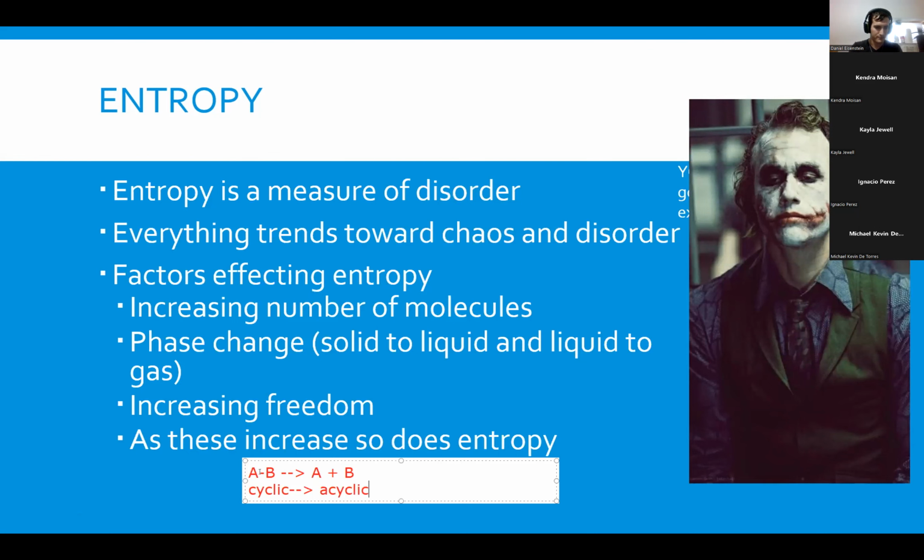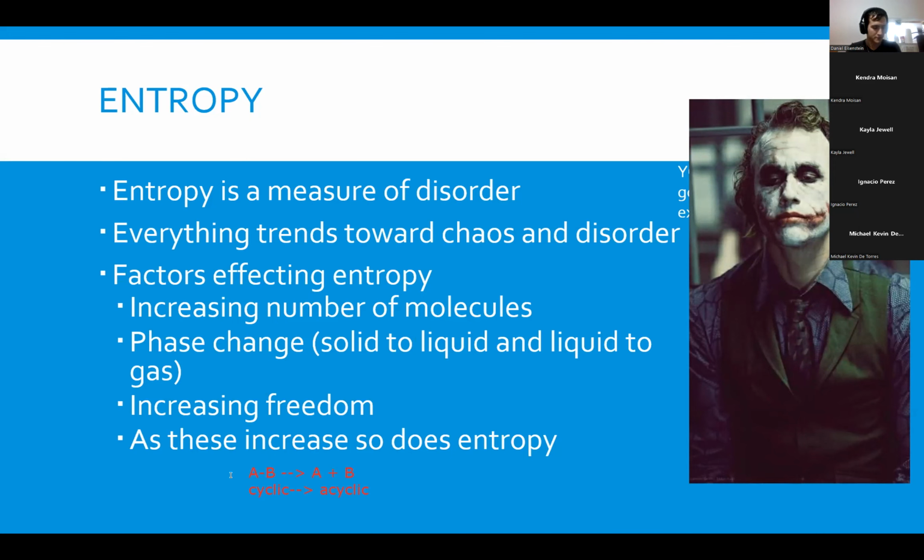If I have a compound AB and that breaks up into more molecules, the randomness increases because I have an increasing number of molecules. So the delta S of the system is positive. If I go from a cyclic reactant to an acyclic product, entropy also increases.